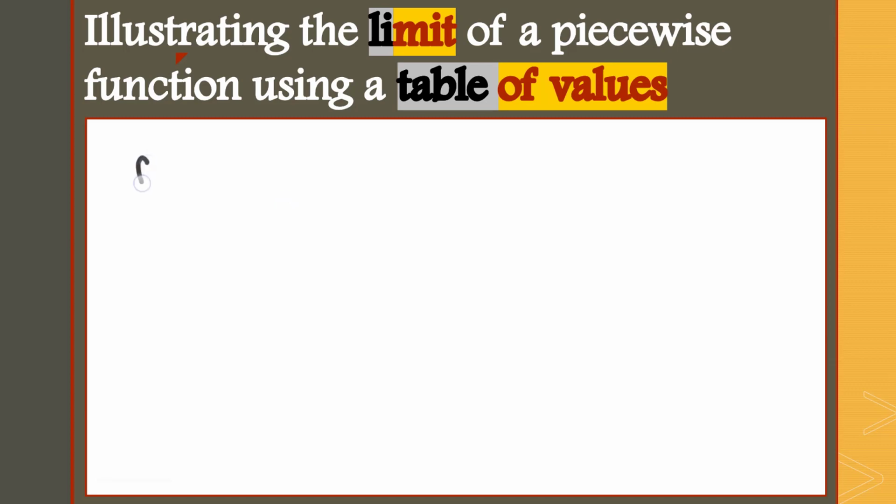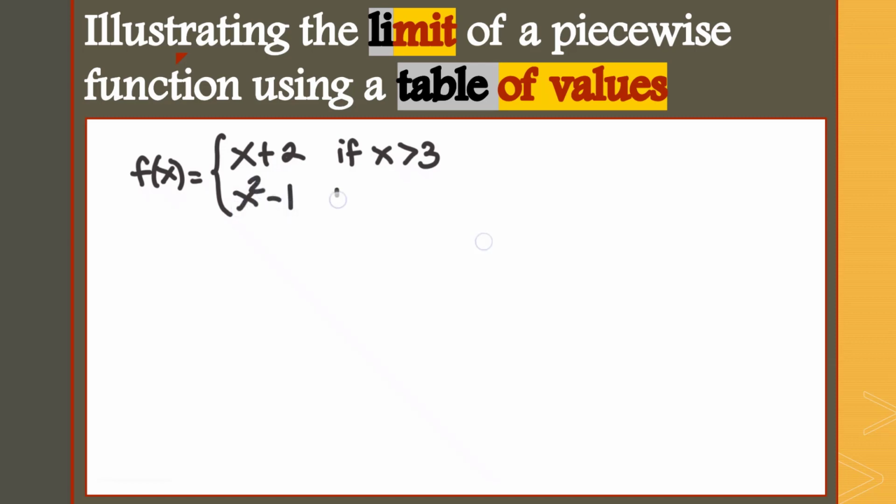Let's say f of x is equal to x plus 2 if we use values of x greater than 3. However, we also have x squared minus 1 if we pick those values of x less than or equal to 3. So this is an example of a piecewise function because we have two definitions here.